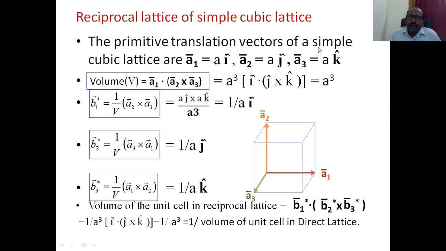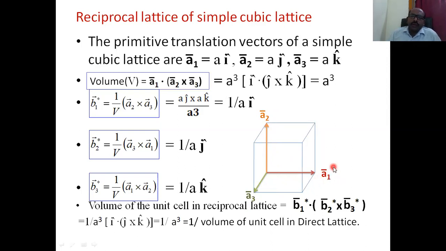Okay, so it is our x-axis, and the unit vector in this direction is i cap, the unit vector in this direction is j cap, and the unit vector along this direction is k cap. It is z direction, it is y direction, it is x direction.